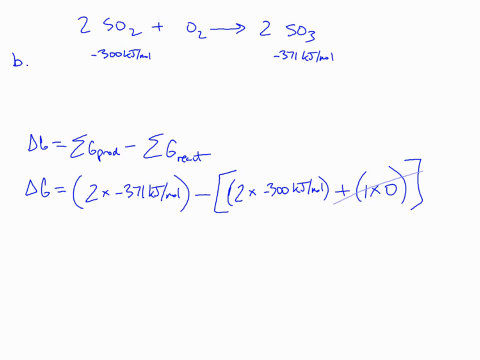Put the whole thing in your calculator. And we get delta G equals negative 142 kilojoules per mole. It's the same answer we got last time, right? 2 different ways.